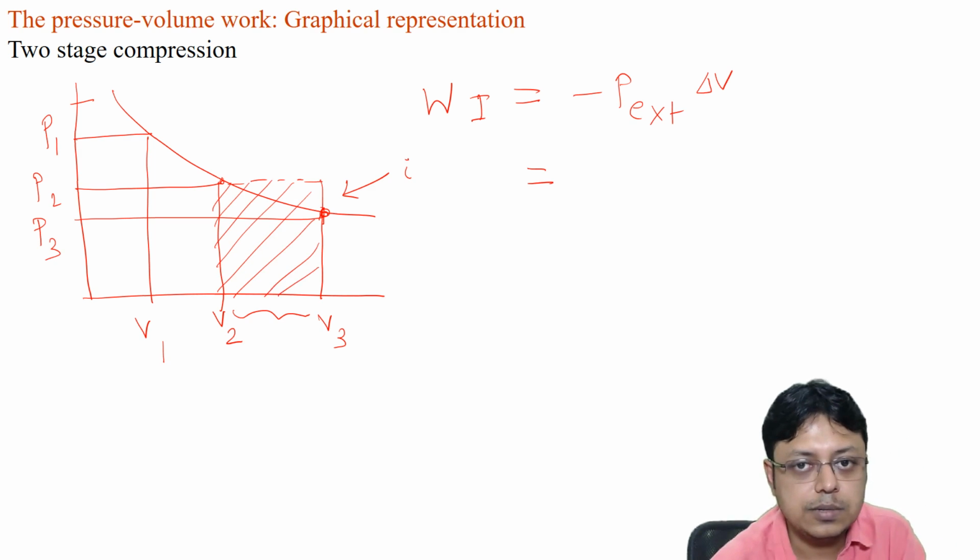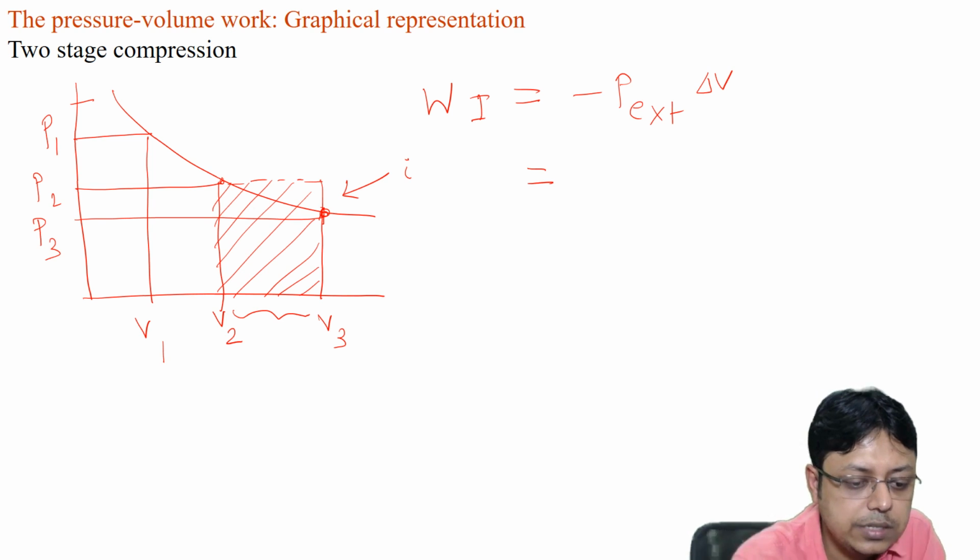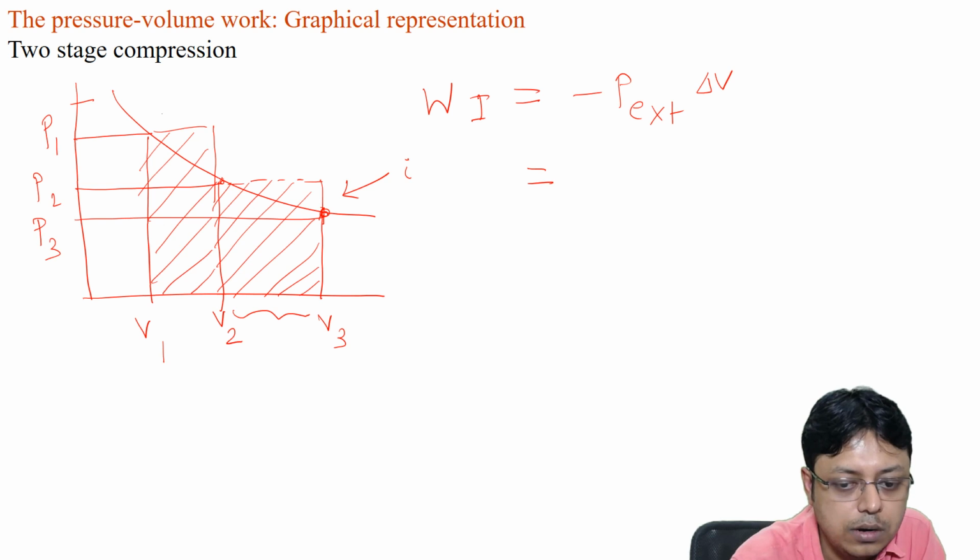So the pressure of the system is changing until it nicely balances the external pressure. And in the second stage, the external pressure has to be P1. So the work done will be nothing but the addition of these two areas. So this is for W1 and this is for W2 for the two-stage compression.